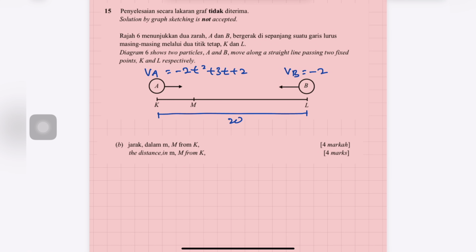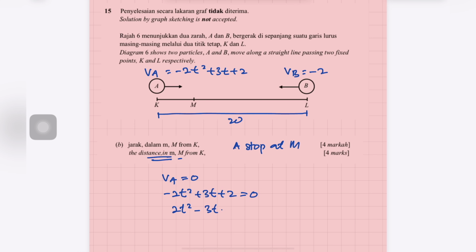B. Find the distance in meter of M from K. Just now it said particle A stops at M. So to find the distance of M from K, we need to find when particle A stops. A stops meaning that V equals 0. So VA equals 0: negative 2t squared plus 3t plus 2 equals 0. This is a quadratic, so we can factorize. We get 2t plus 1, t minus 2 equals 0.